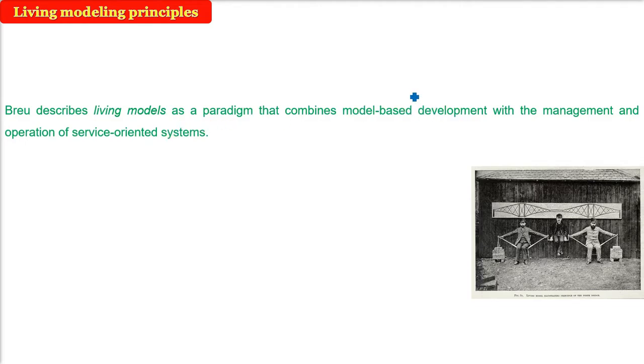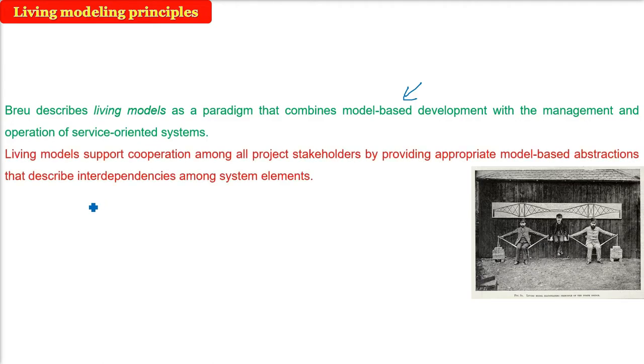These living models are basically a paradigm that combines model based development, because you are making models. These models will be helpful for the management and operation of service oriented systems. Standing there, you know how the Forth Bridge will be made. This is the formation.